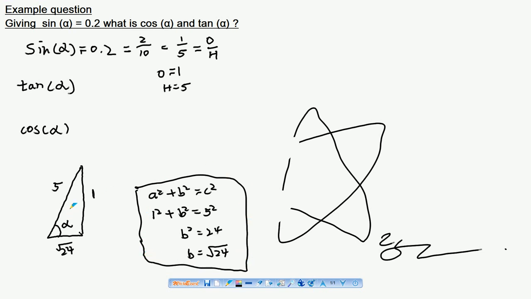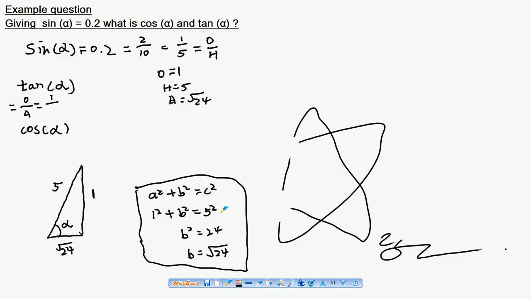Because now we can find tan alpha. Tangent alpha is rise over run, or the opposite on adjacent, where the opposite is 1 and the adjacent in this triangle is the square root of 24.